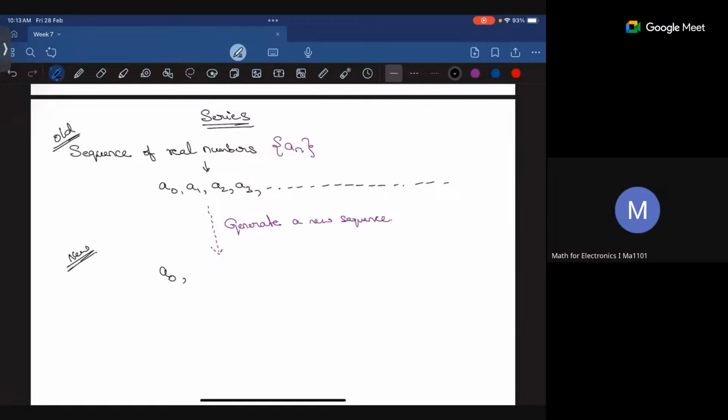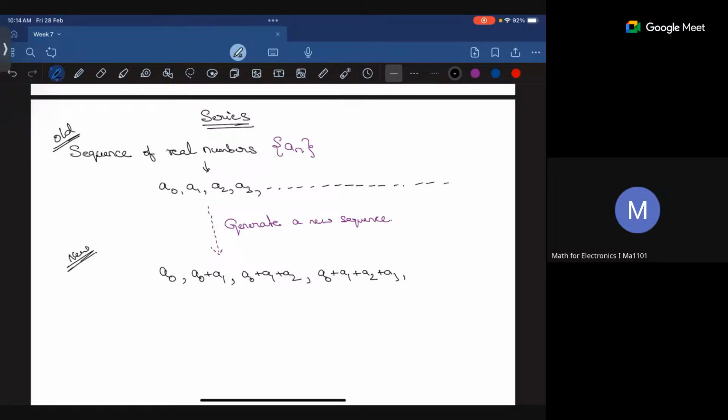So the first term of the new sequence will be the first term of the old sequence. The second term will be the sum of the first two terms of your old sequence. The third term in your new sequence will be the sum of the first three terms, so a0 plus a1 plus a2. And the fourth term in your new sequence will be the sum of the first four terms in your old sequence, which will be a0 plus a1 plus a2 plus a3.